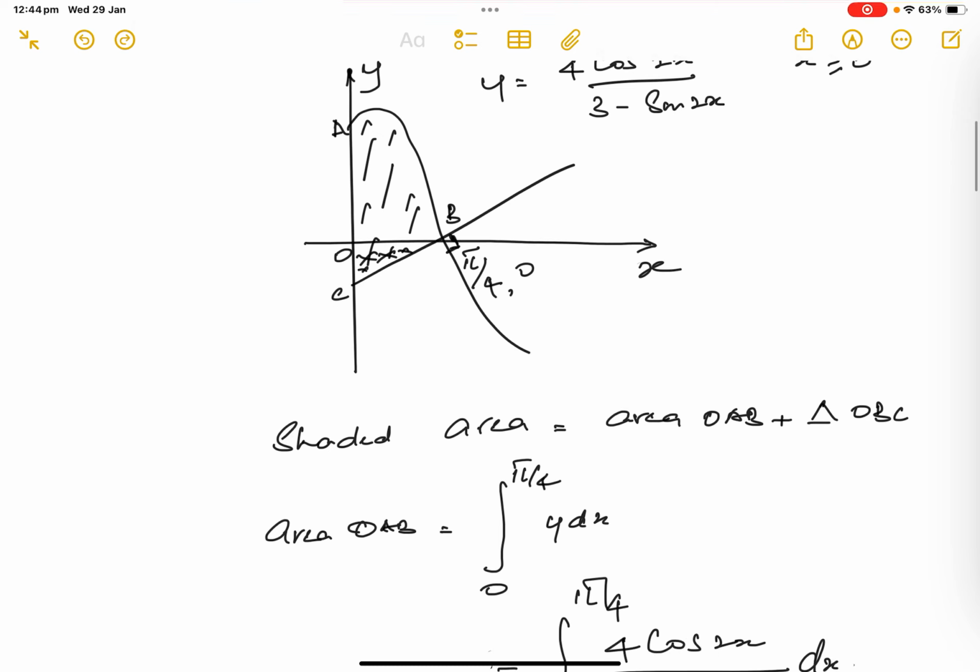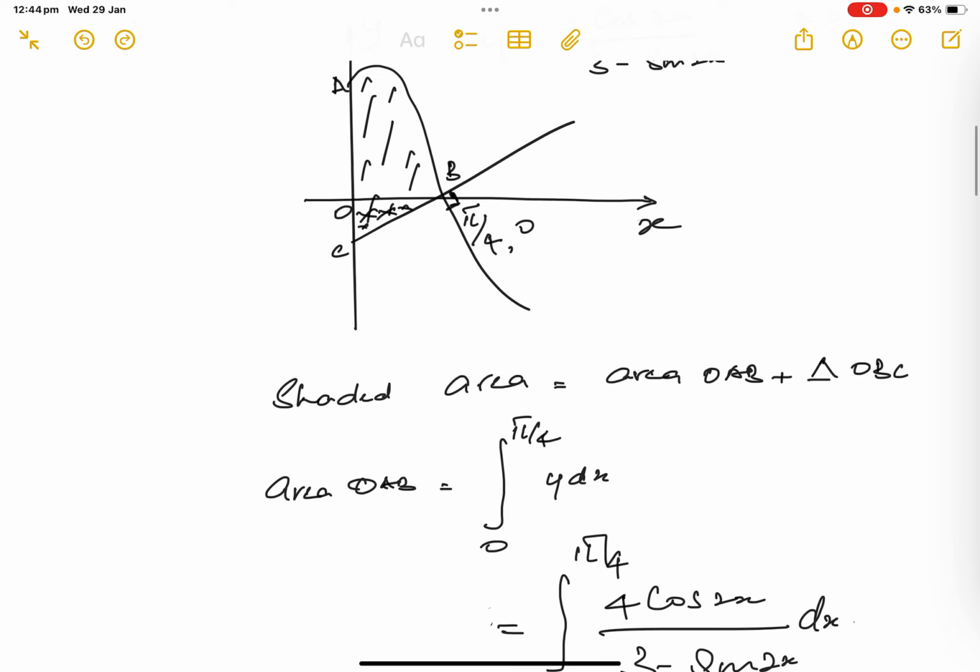The shaded area is purposely separated: OAB, which is above the x-axis, and OBC, below the x-axis. OBC is clearly a right angle triangle. So two sections, one above the x-axis and one below.